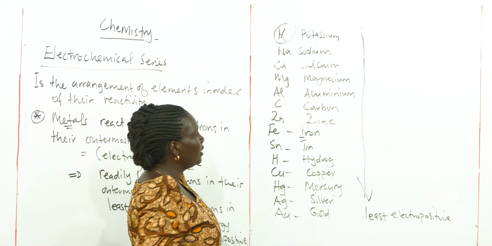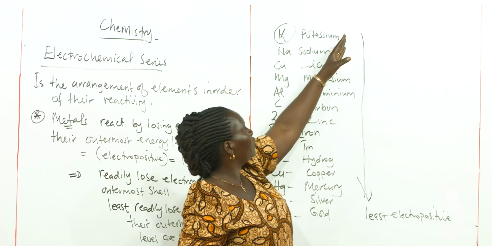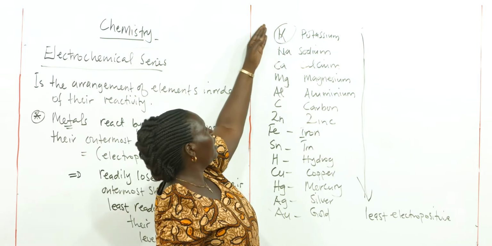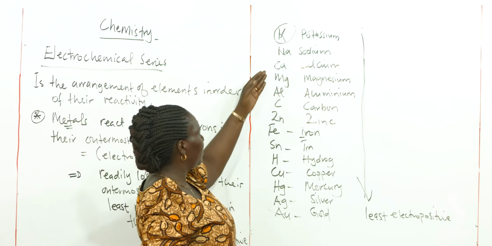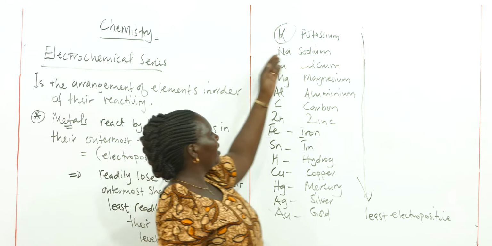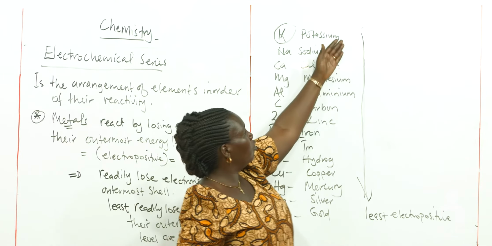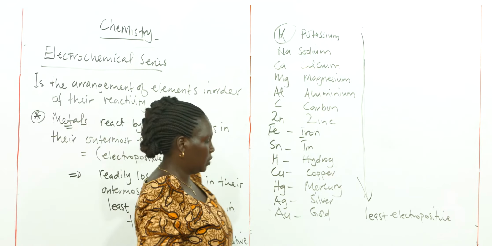As I said, the most electropositive element is at the top, that is potassium. Potassium is the most electropositive and the most reactive, followed by sodium, calcium, magnesium, aluminum. The reactivity of metals decreases from top to bottom.